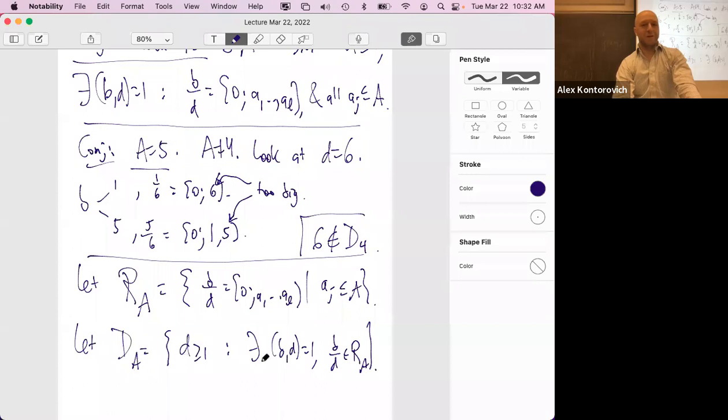D4 is the set of all numbers where there exists some numerator to make all the partial quotients bounded by 4, and for 6, it doesn't exist.